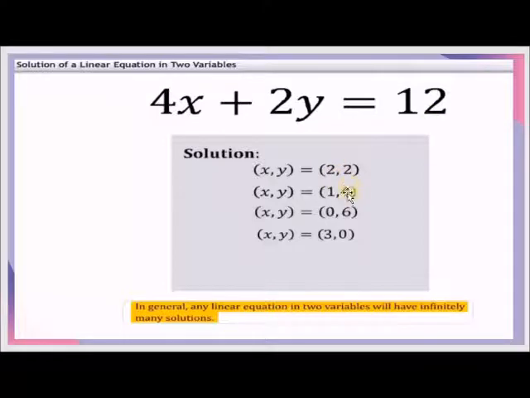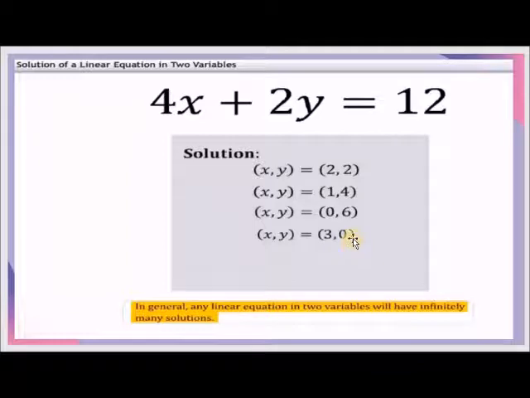So this is also a solution of the linear equation. Then another example, 0 comma 6. If we put x as 0, then 4 zeros are 0 plus 2 6s are 12. Then our left hand side is equal to the right hand side. Therefore 0 comma 6 is also a solution of this equation.